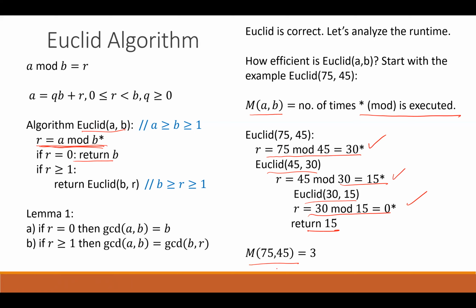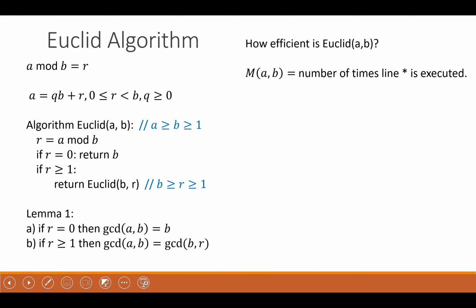Okay. So now we want to compute this more generally or bound it. We can start by doing just a very loose bound, which means easy analysis, loose bound. What's the most this could ever be executed is the same as the most number of calls we make to Euclid.